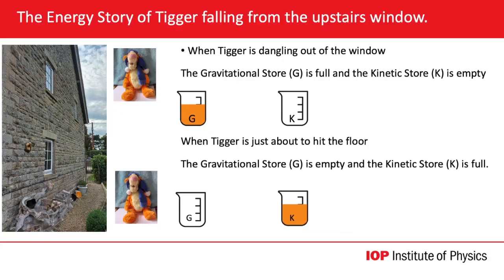At the point just before Tigger hits the ground, his kinetic store will be at its greatest, so we can describe it as being full, and the gravitational store will be at its lowest, so we can consider it to be empty. The gravitational store is no longer relevant to the situation. All the energy is now in the kinetic store. Of course, when he hits the ground, he comes to a very abrupt stop. In this case, Tigger isn't bouncy.